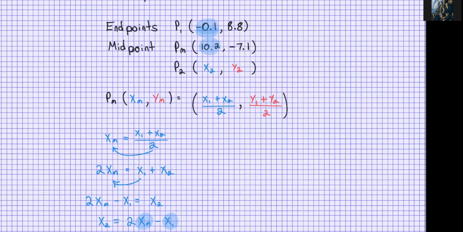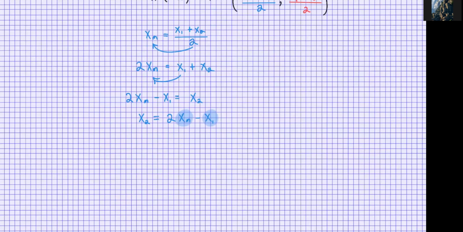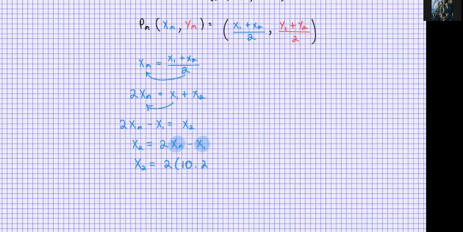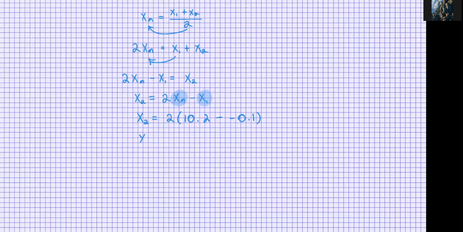So we can do the substitution. So x2 will be equal to 2 times 10.2, right? Minus negative 0.1. We put these numbers in the calculator and we get that x2 equals 20.5. So we have this one ready.